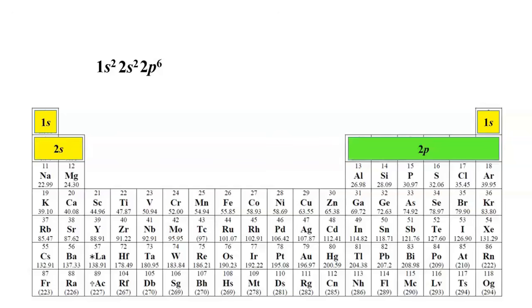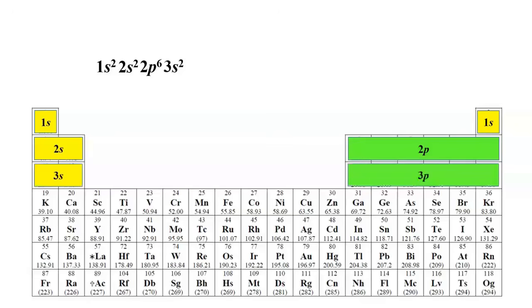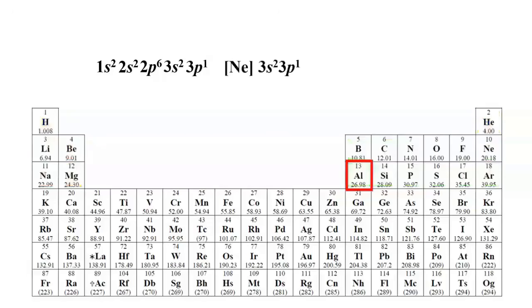Sodium and magnesium in period 3, that portion would be 3s, so 3s2. And then this particular electron configuration stops at 3p1. So the element is aluminum, which has 13 electrons, full configuration 1s2, 2s2, 2p6, 3s2, and 3p1.